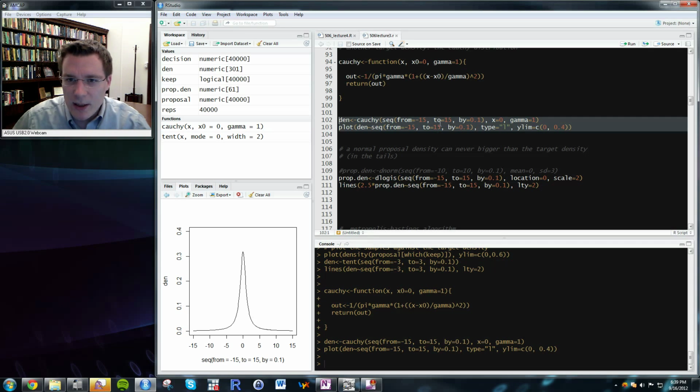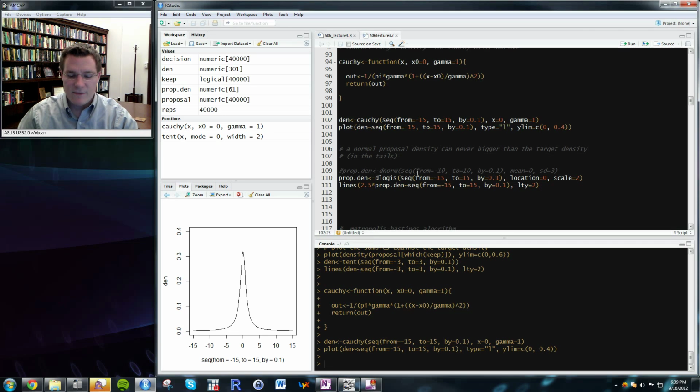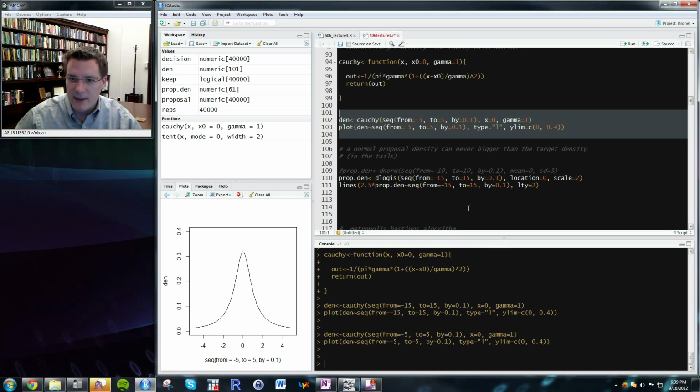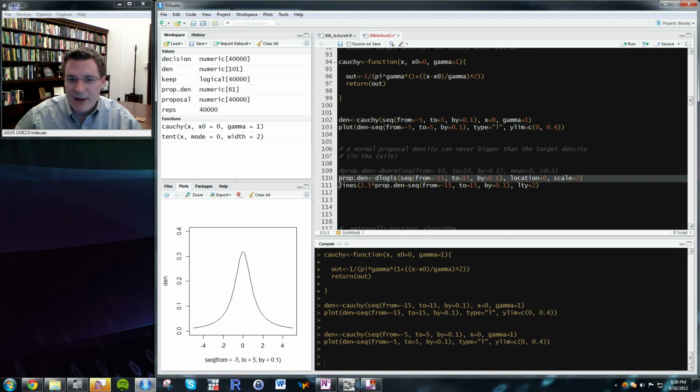Let me just zoom in a bit here. I've got this plotted from -15 to 15. Let me just zoom in to the most likely values. Let's say -5 to 5. So I'm going to plot this here. Just change this around. Oh, not 55. So here we go. Bam. That's what it looks like. Looks great. Now suppose I try, I've actually got a logistic here.